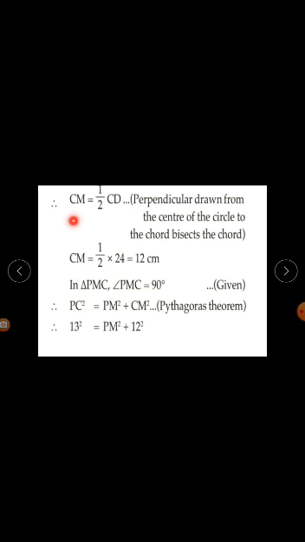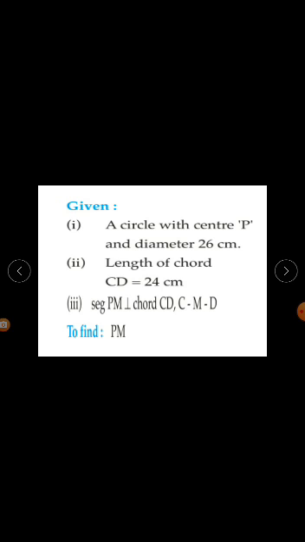Therefore CM is half of CD because perpendicular drawn from the center of the circle to the chord bisects the chord. But CD is 24 centimeter. So substitute here 24. CM is equal to half into 24, half of 24 is 12 centimeter. CM is 12 centimeter.